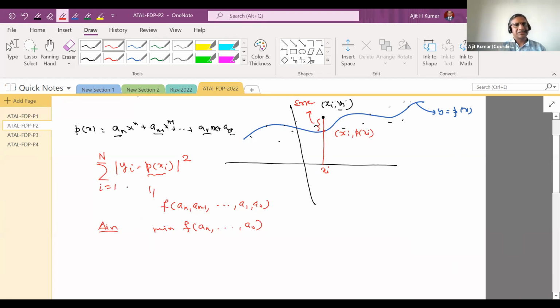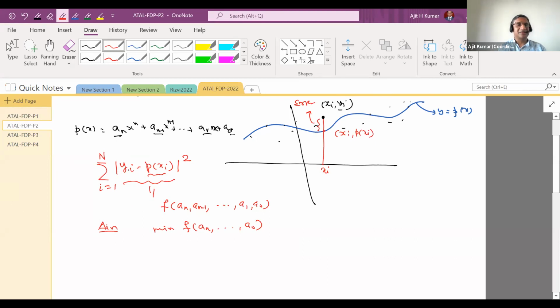Now look at this. Can I write this in terms of the matrix norm, the norm of Ax minus b, the one which we did earlier? The answer is yes, because these are the n coordinates.